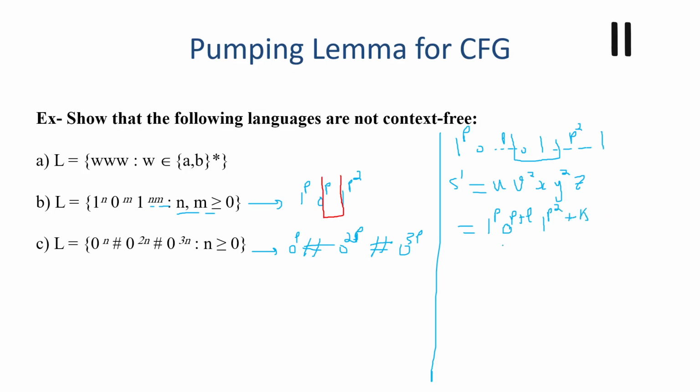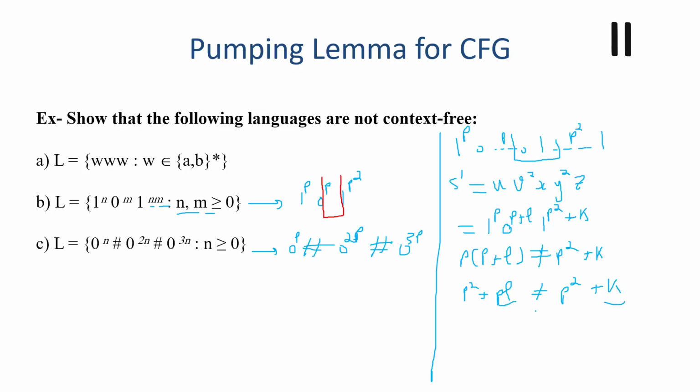To prove that this does not belong in my language, I have to prove that p times (p plus L) is different from p squared plus K. I have to prove that p squared plus pL is different from p squared plus K. So basically, I have to prove that this does not equal this.